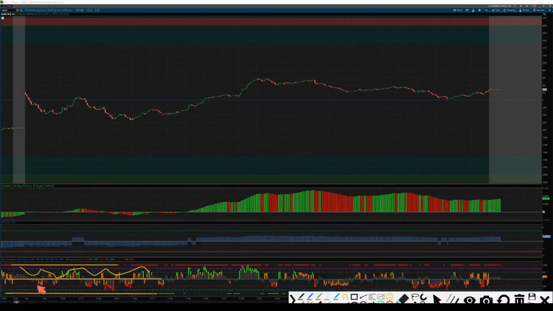Same thing, there is more buying than selling. And if you see the price spending more time below that zero level, then we can expect more selling than buying.